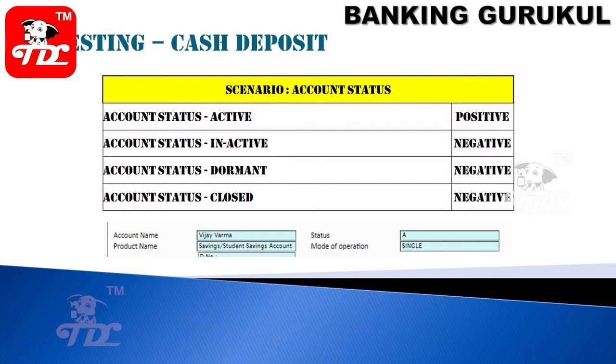Cash deposit to a closed status account is also a negative scenario. And one more thing: when depositing to a savings account, you can verify which account you are depositing to, the account name, account status, what the product is, and the mode of operation. These things you can also verify during cash deposit transaction testing.